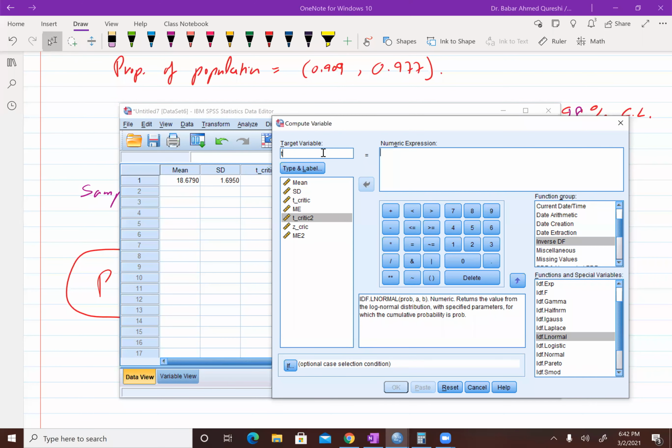Let's compute a new one, Z critical 2, and we need 0.995. It's a standard normal.